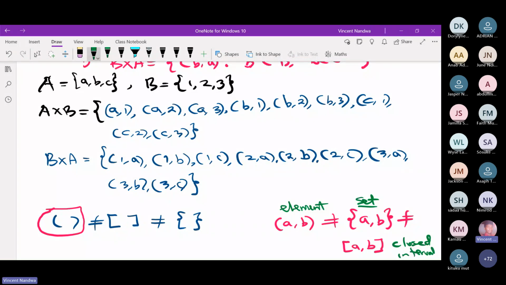So you have to be very careful on what you write. When you are writing elements of the Cartesian product, use these curved brackets, because other brackets have a totally different interpretation.